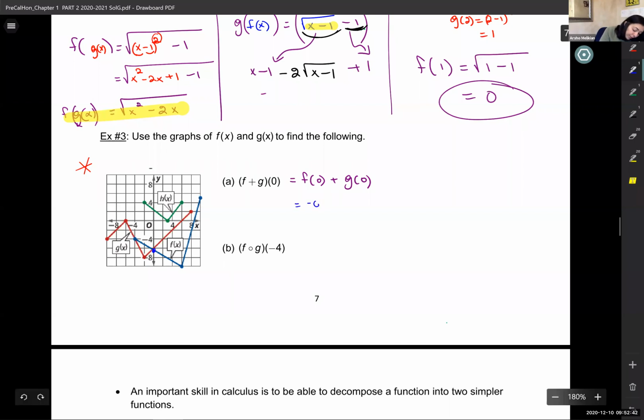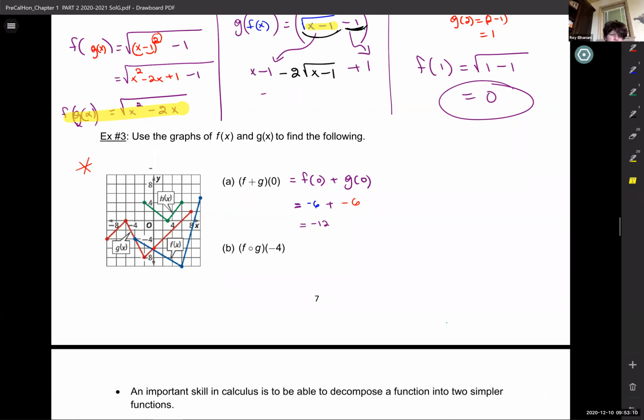So that's -6. Well, now you want g of 0. Okay, g of 0, when x is 0, g, the red one, is also -6. I am estimating a little bit. So together, that's -12.